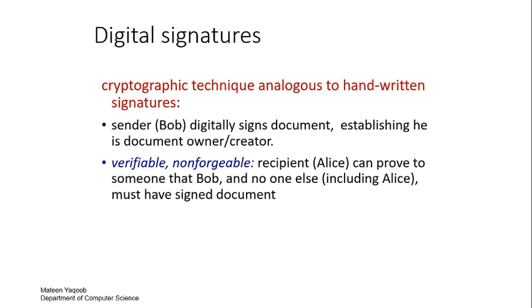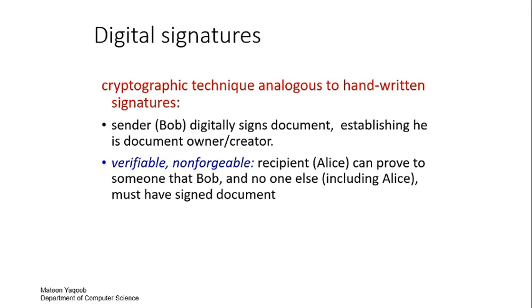There is a concept known as digital signatures, which is a cryptographic technique similar to handwritten signatures. For example, if you want to uniquely identify that a document was signed by a user, let's say a user named Umar, then Umar will sign that document with his signature.